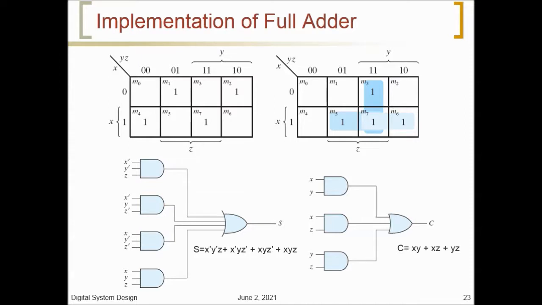The logic diagram for the full adder implementation in sum of products form is shown in this figure. It can also be implemented with two half adders and one OR gate.